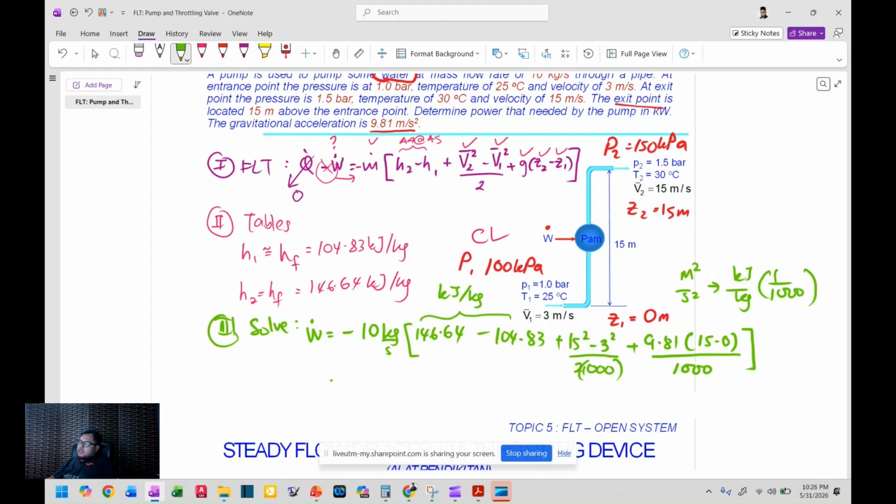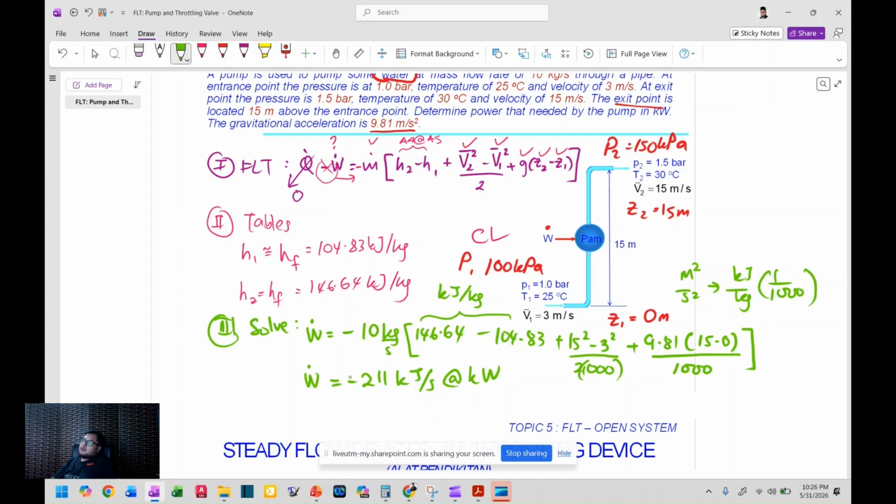And for this problem, you will get the pump power as minus 211, more or less, kilojoule per second or kilowatt. All right, so this means 211 kilowatt is being supplied into the system where the fluid flows, right?